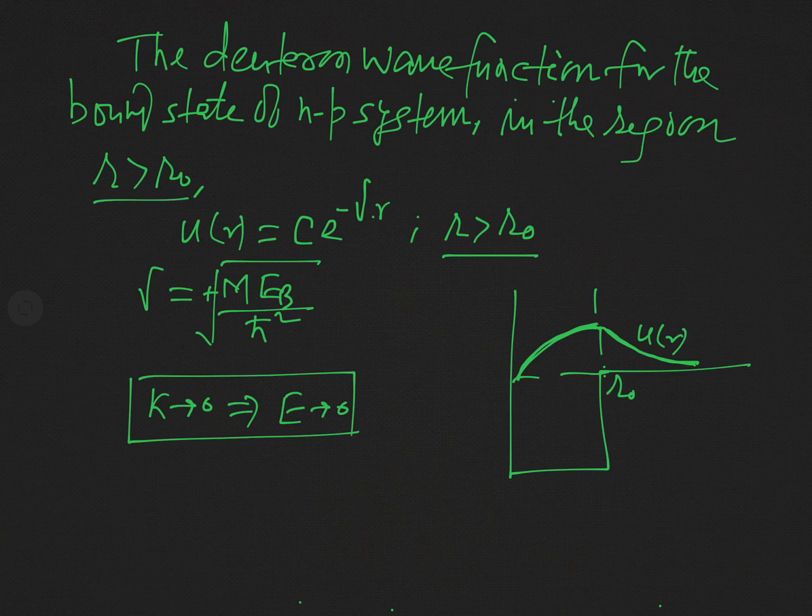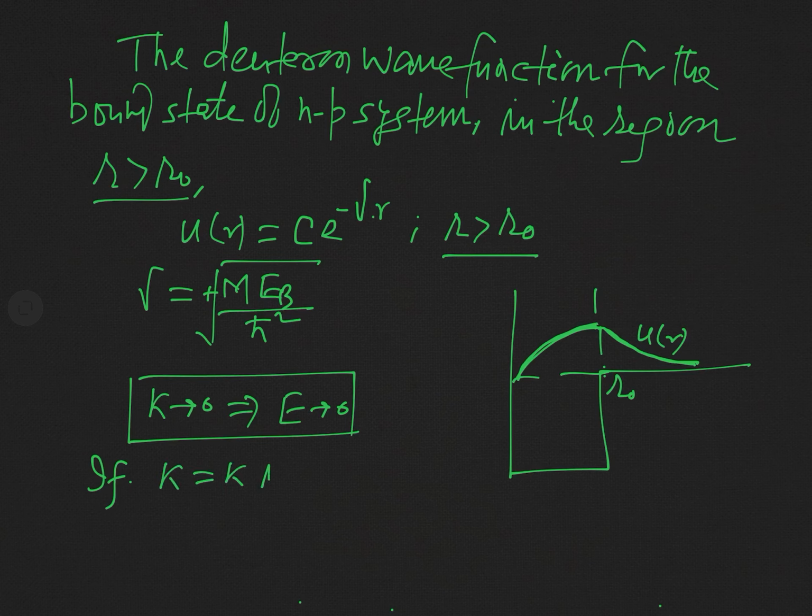That is, we can take all values of k, including k equal to 0 and non-zero values, and define the scattering length, not a scattering cross section, but a scattering length. Actually, when we consider the non-zero value of k, in that condition a scattering length will certainly depend on k, and it is defined in another fashion.